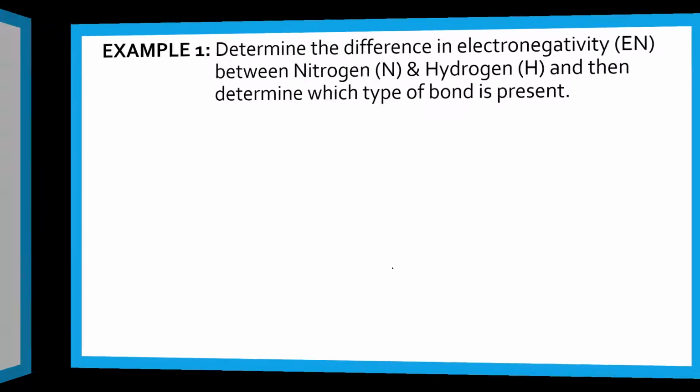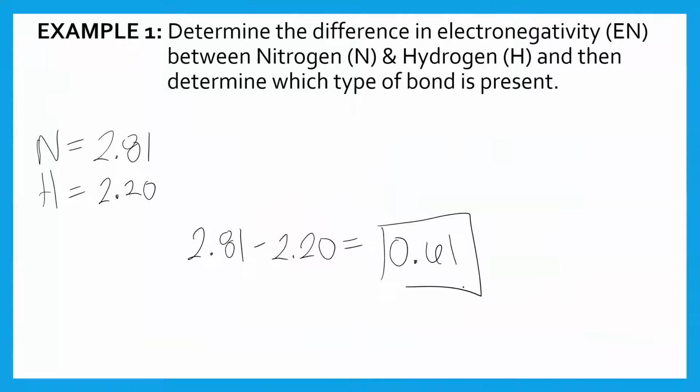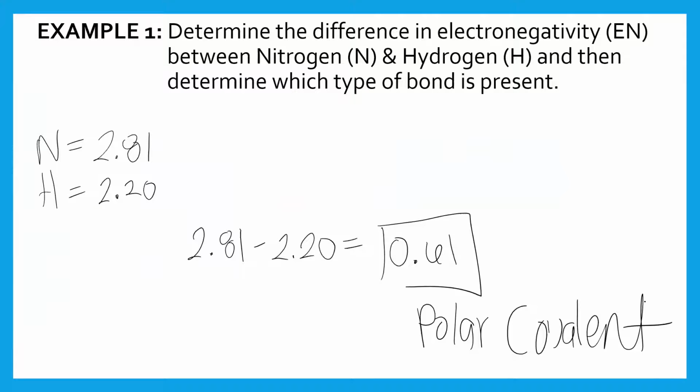If I take that number and refer back to this chart, where does it fit in? Well, 0.61 falls in between this, so we're going to say it's polar covalent. So I've determined the difference in electronegativity, and I've determined the type of bond present. It's not hard math, you just have to know how to use the chart.